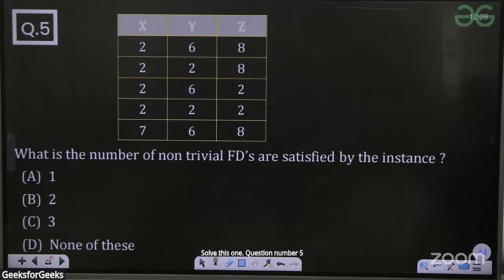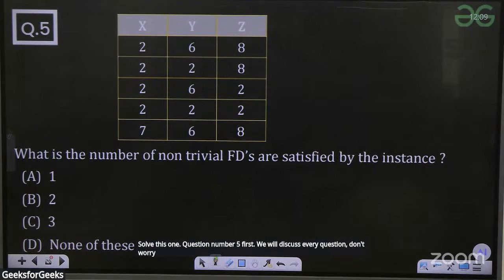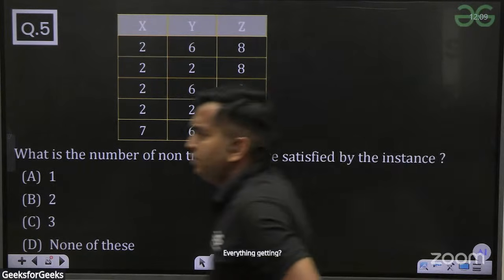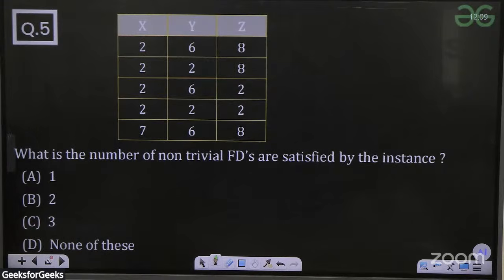We will discuss every question, don't worry. Solve please. Enjoying, my dear students? Everything getting? Rishika, getting it?